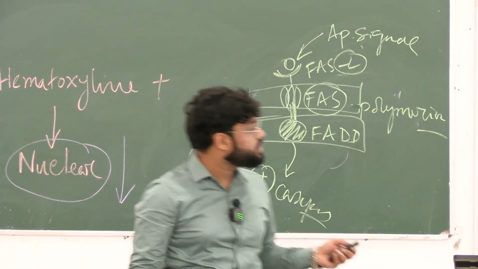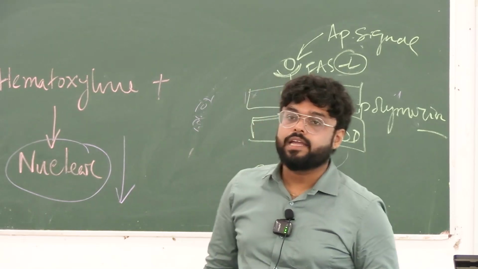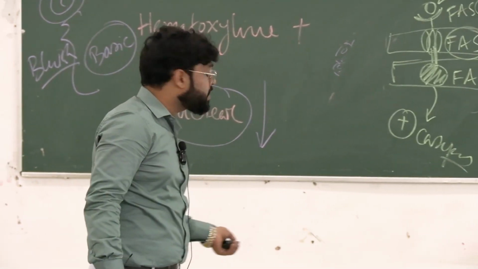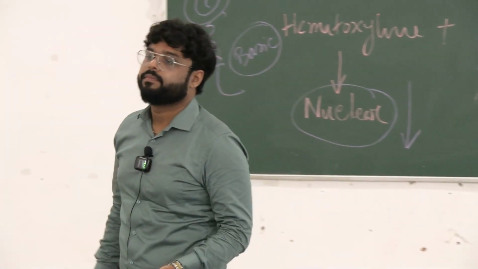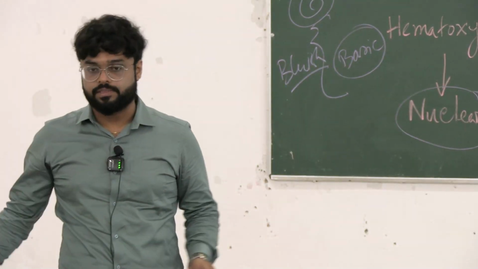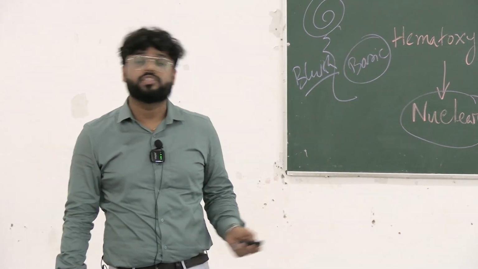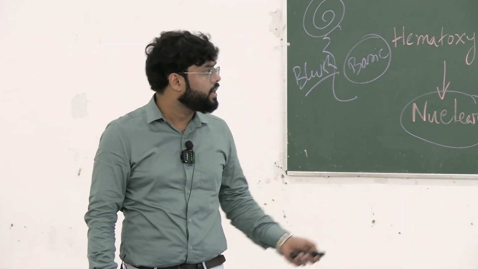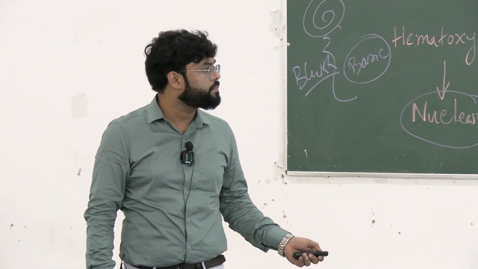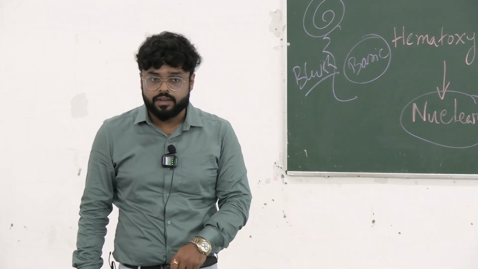In the case of the extrinsic pathway, caspase 8 or 10 is activated. This activated caspase activates so many other caspases downstream. You don't need to remember which other caspases are activated downstream. Only remember there will be multiple pro-caspases cleaving each other.